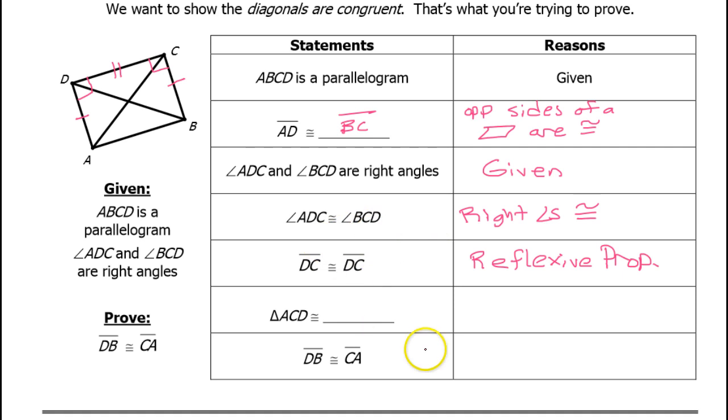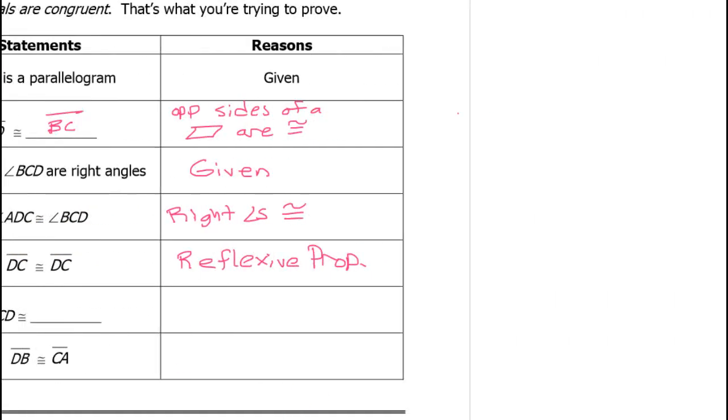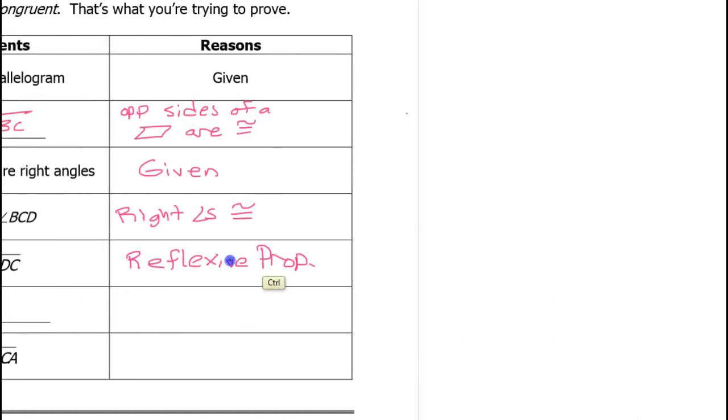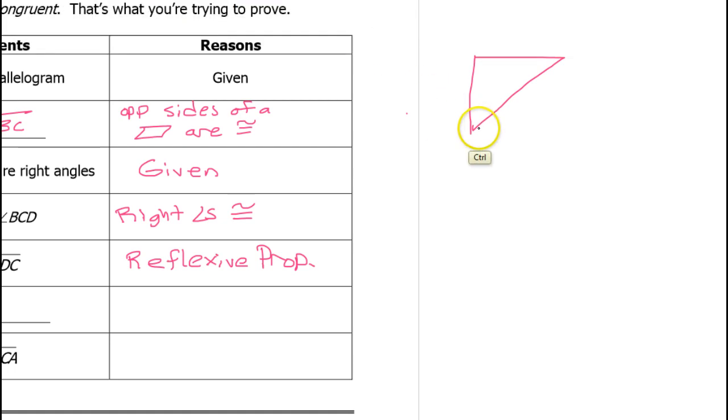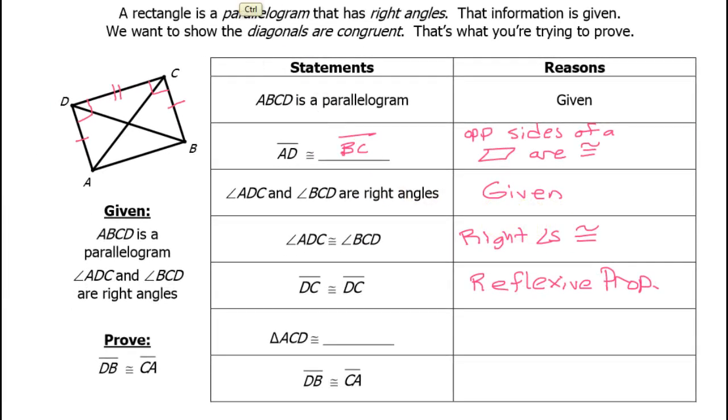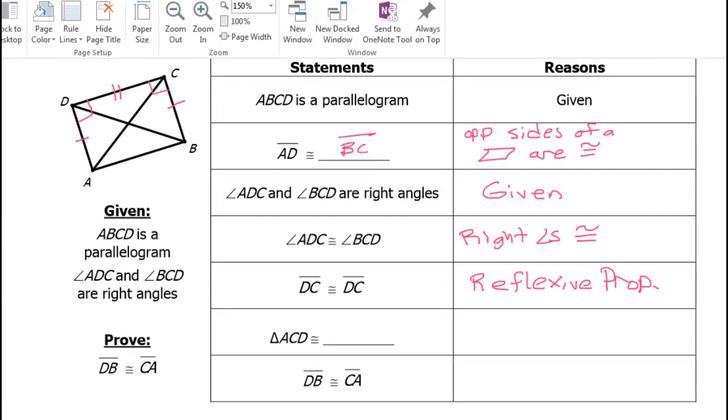Now, you might be thinking, because of your experiences with the reflexive property, normally the way it shows up is that we'll have maybe one triangle like this, and then another triangle like this, and then we will talk about the shared side, and that's the reflexive property. Now this is similar, but it is a little bit different. I don't want you to be thrown by it.